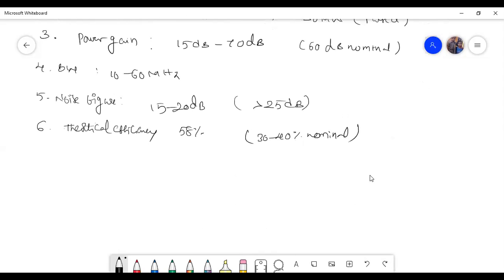Similarly, the applications where these two cavity Klystron amplifiers are used.